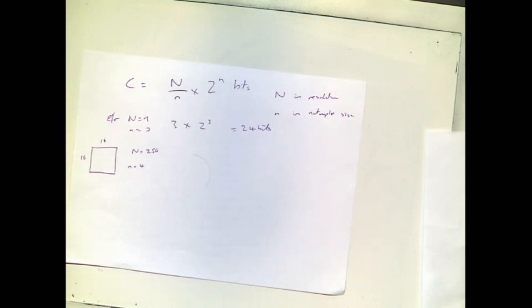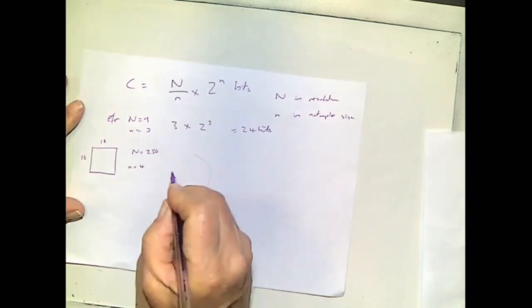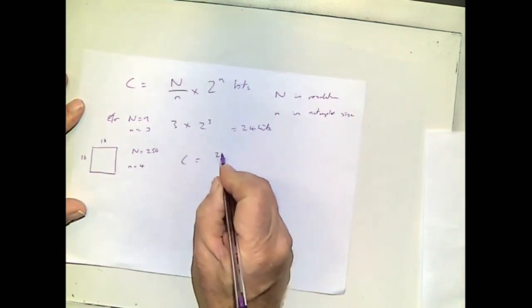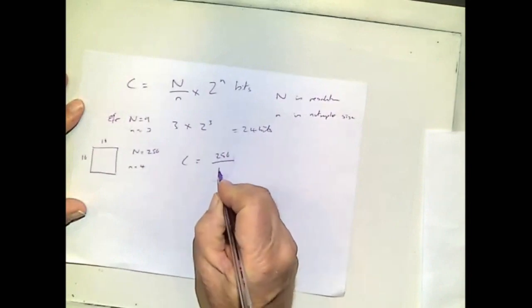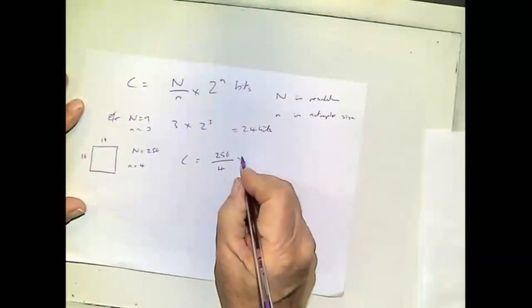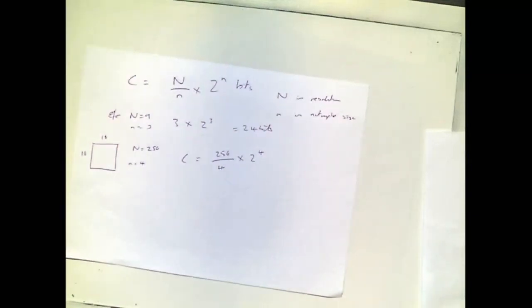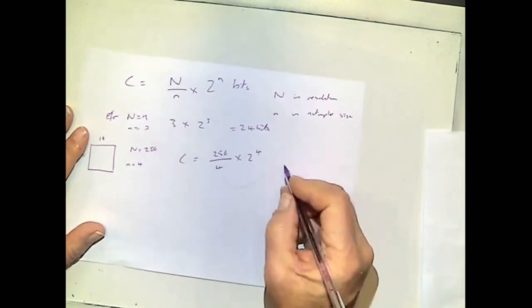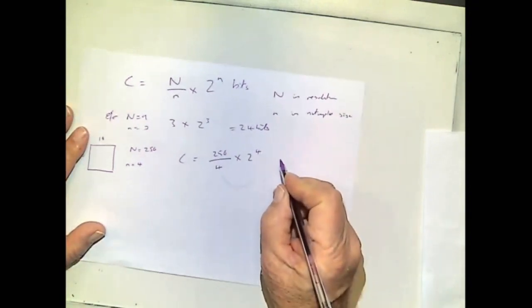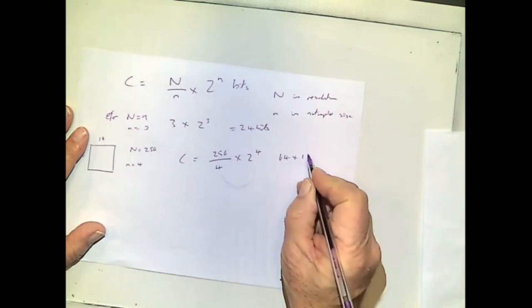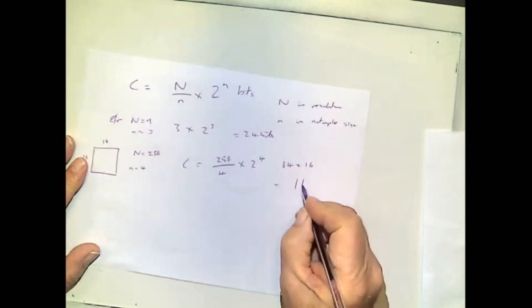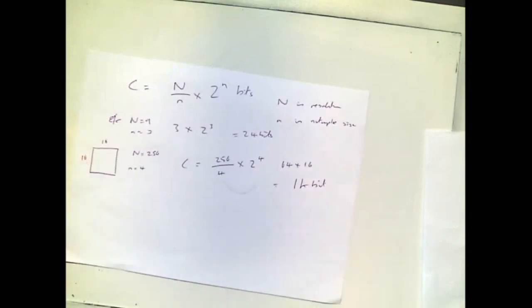The cost of such a system, the total number of functions, is going to be C equals 256 over 4 times the cost per function, which is 2 to the 4, which is 64 by 16. I think it's 1 kbit. Yep.